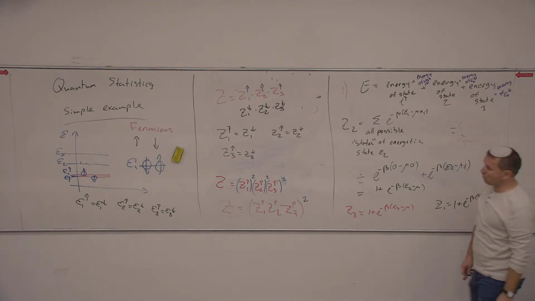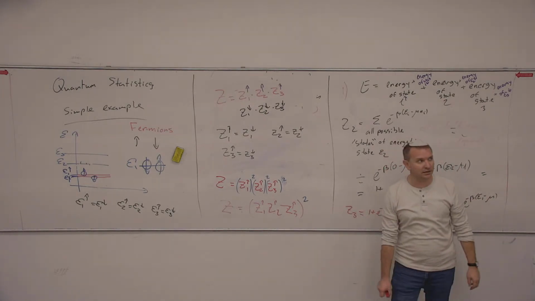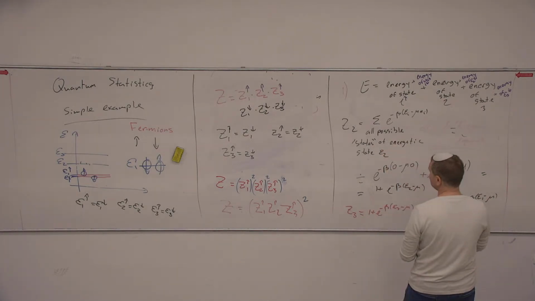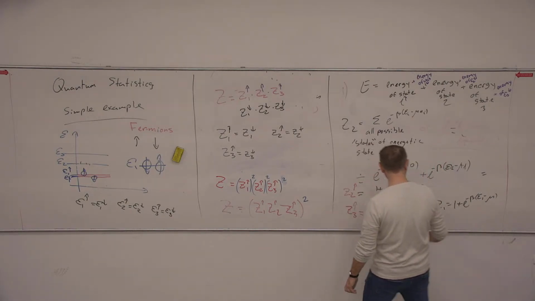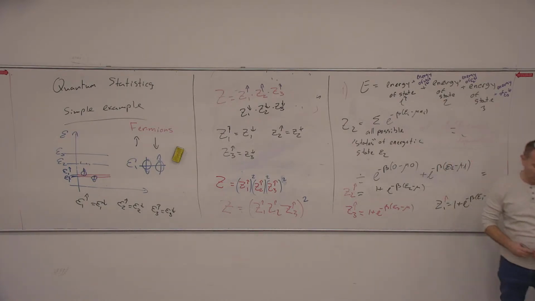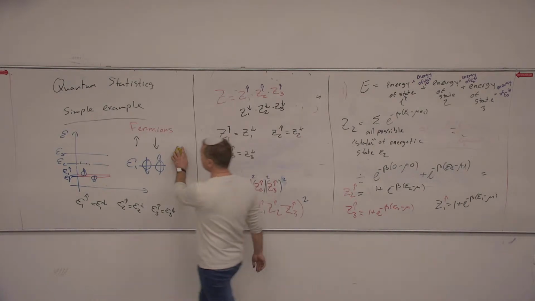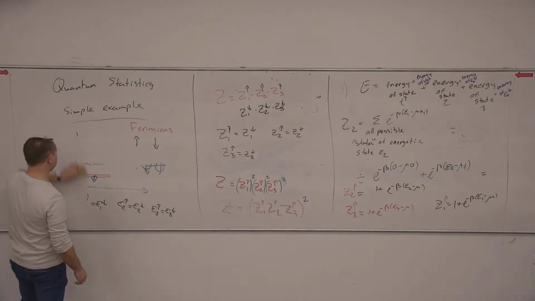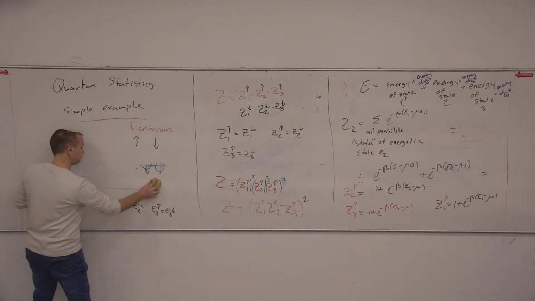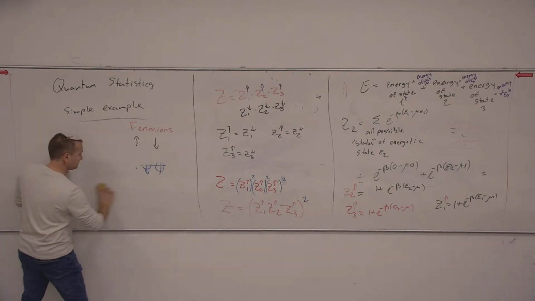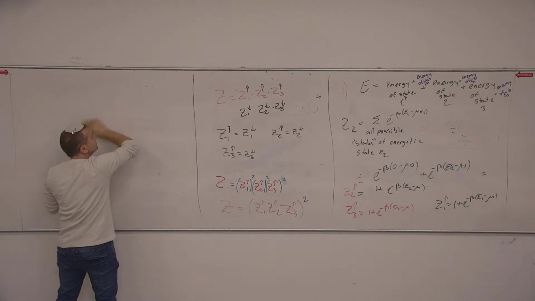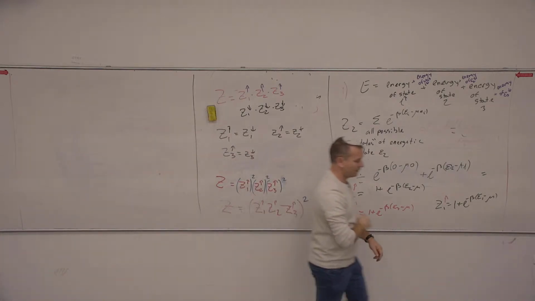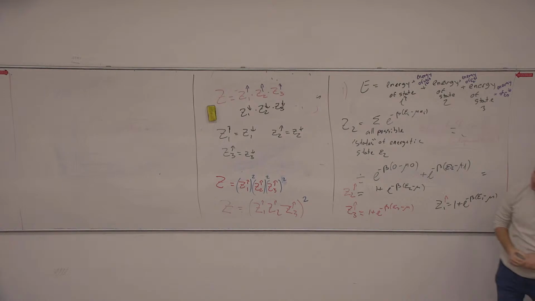Okay, so this is it. We already know what Z2 is. So this is Z2 up, Z3 up, Z1 up. We know everything, and just a little bit of math is left. Okay.